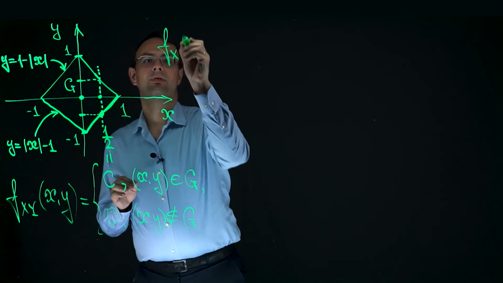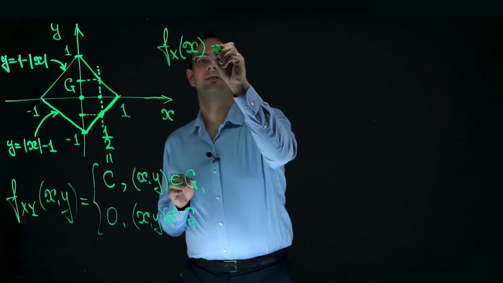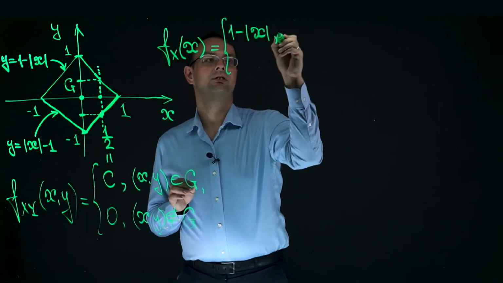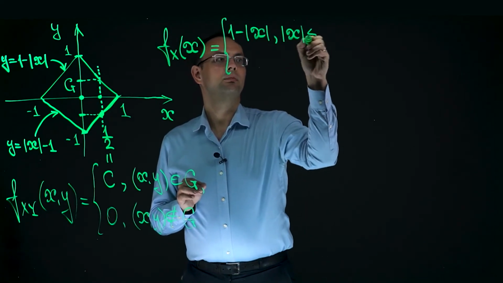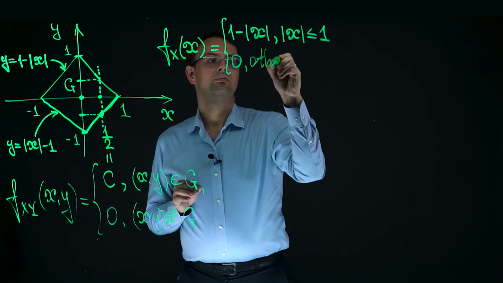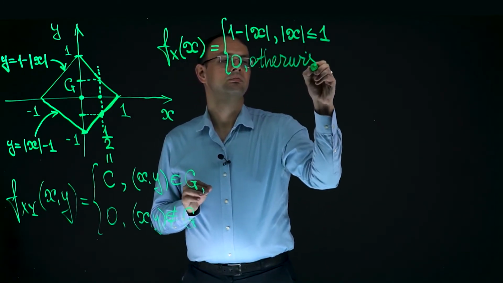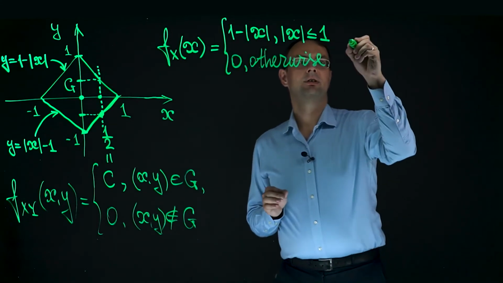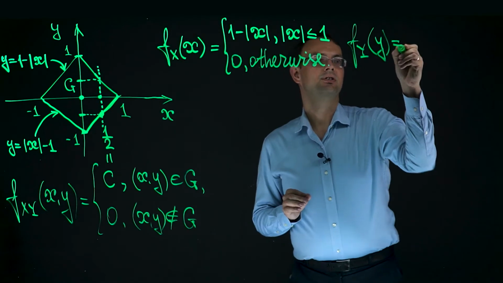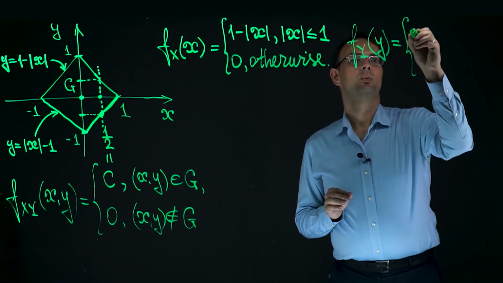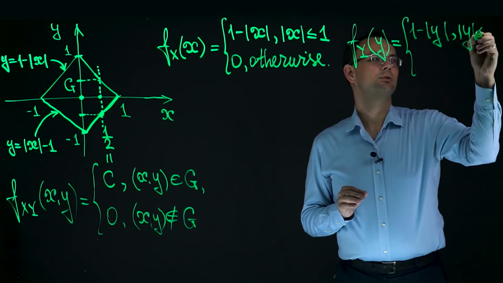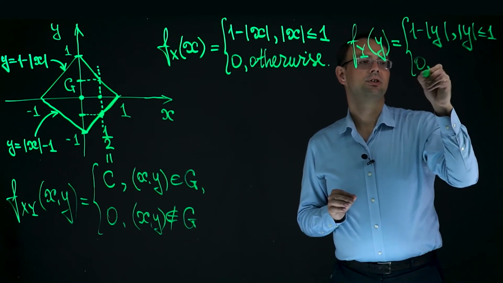Marginal PDF of x is equal to 1 minus modulus x for x from minus 1 to 1 and to 0 otherwise. And marginal PDF of y is equal to 1 minus modulus y for y from minus 1 to 1 and to 0 otherwise.